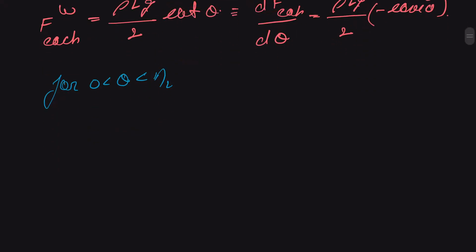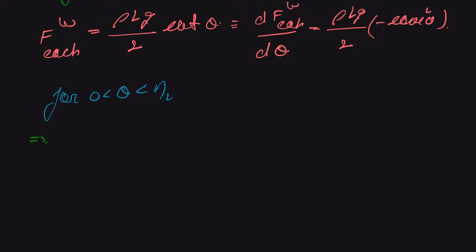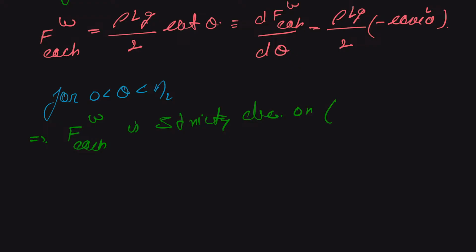And from here we can also draw a conclusion that our F each per unit width is strictly decreasing on 0 to pi by 2.